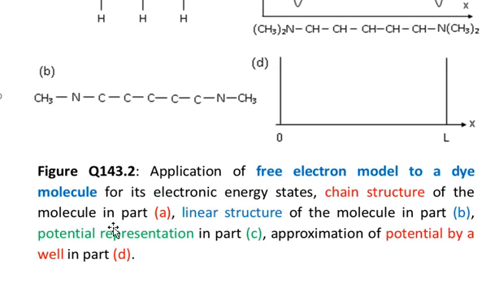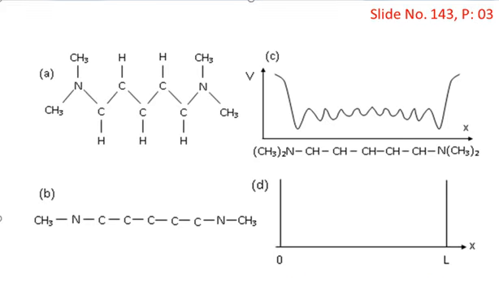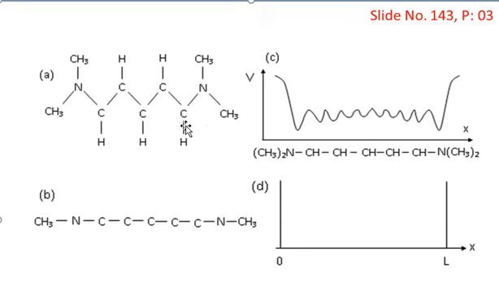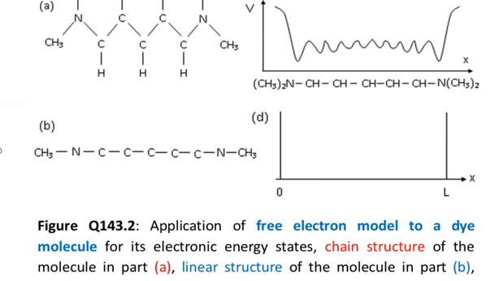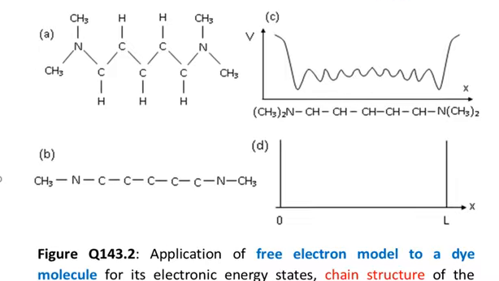Chain structure of the molecule in part A. So in part A, you can see the chain structure of the dye molecule, and in part B, the linear structure of the molecule. This linear structure corresponds to the central line of this chain structure.